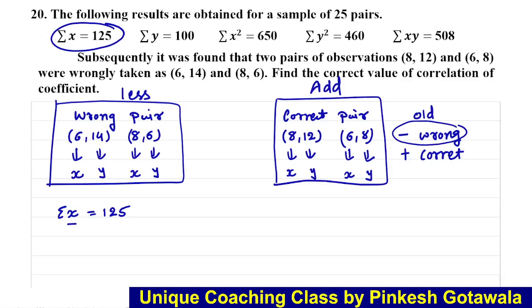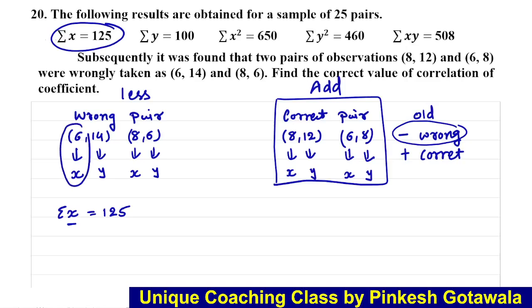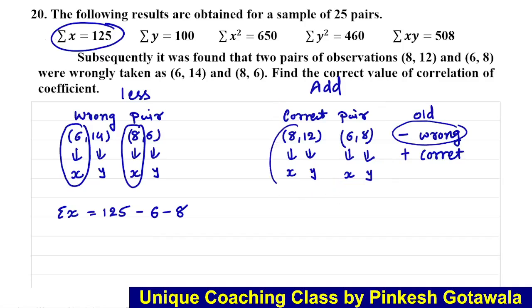Just remember this, subtract the wrong and add the right. Now remember we are talking about x, so focus on x only. Okay, so here you can see that this is x, 6 and 8. So we have to subtract this 6 and 8, both, and on this side x 8 and 6, we will add plus 8 plus 6. Okay, so if you add and subtract you will get the same answer because both times 8 and 6 is 14.